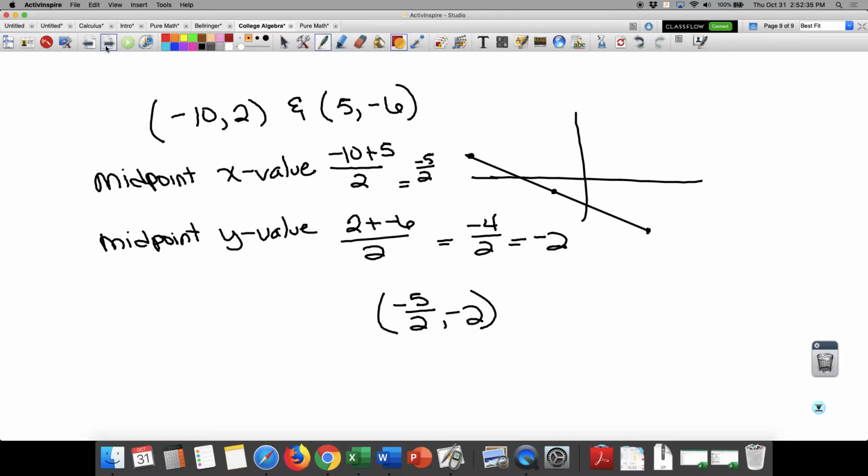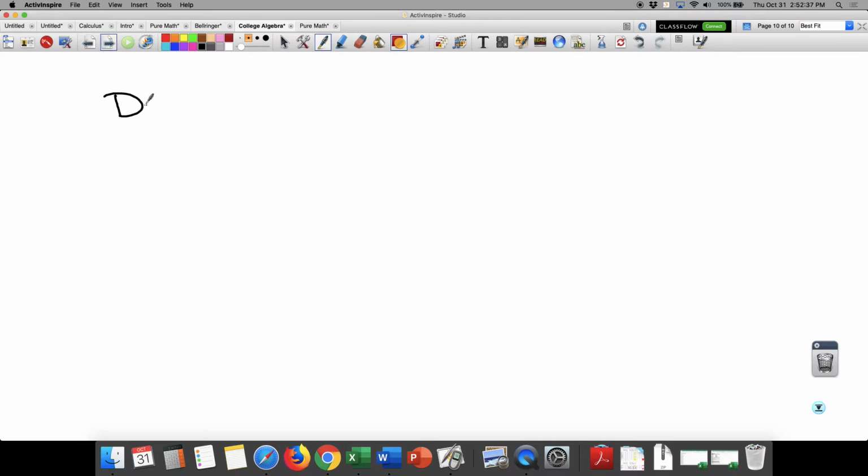Okay, so now let's go on to distance. Now there is a formula for distance, but it is derived from the Pythagorean theorem. And that's the way I prefer for you to work it.